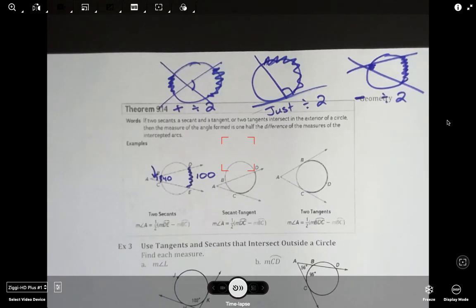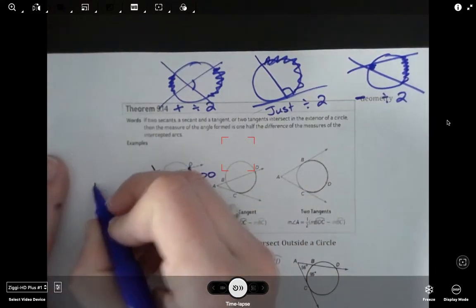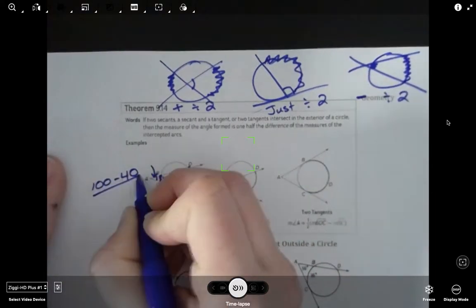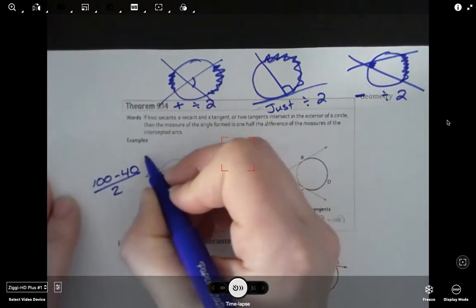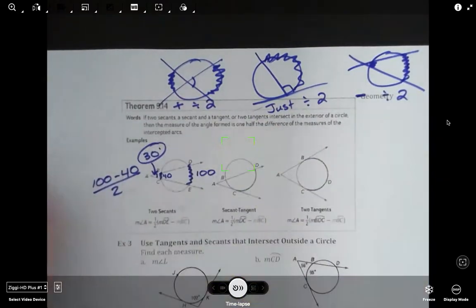I'm tempted to say that that little angle is 40 also, but it's not. I subtract the 2. So I do 100 minus 40, and I divide that by 2. 100 minus 40 is 60, divided by 2. This angle right here is 30. You take the bigger one minus the smaller one, and then you divide that by 2 to get what the little tiny angle is.